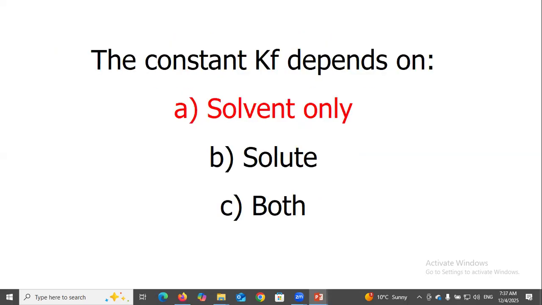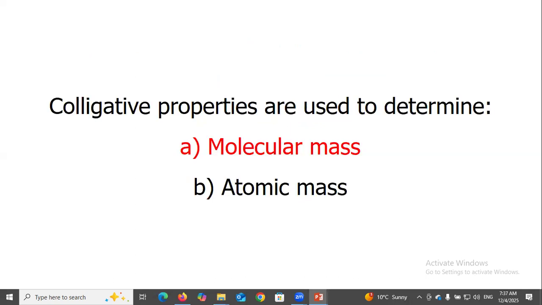The constant Kf depends on solvent only. Colligative properties are used to determine molecular mass.